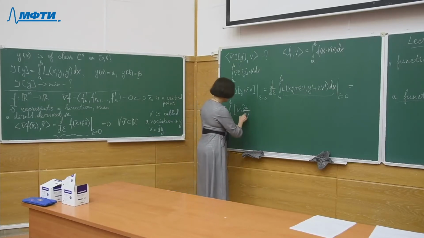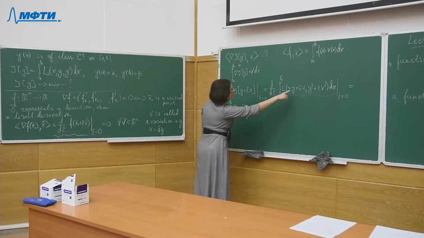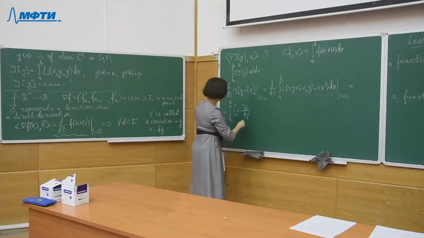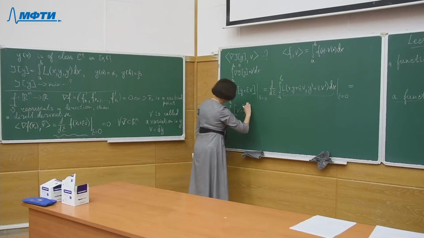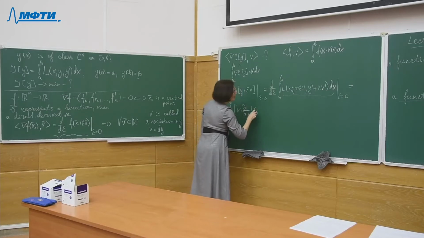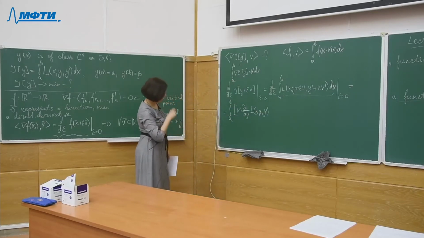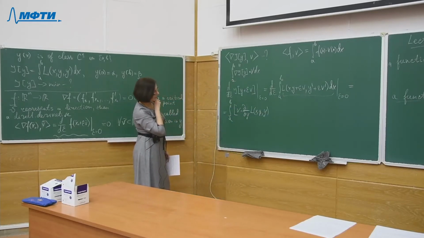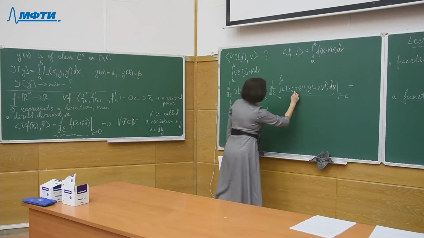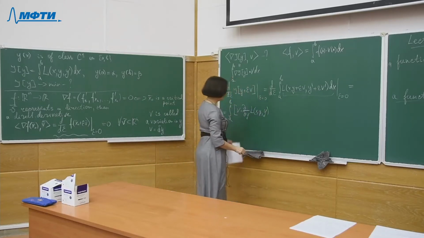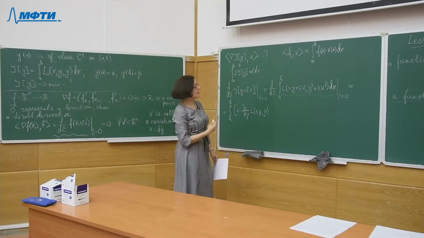Substitute 0 for epsilon, so it will be the partial derivative of L of x, y, y prime, using the chain rule.